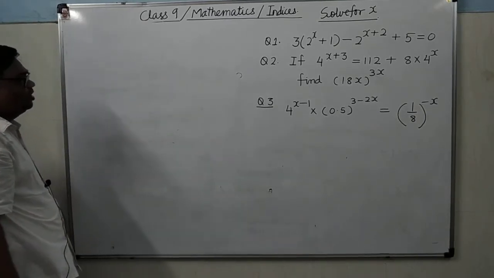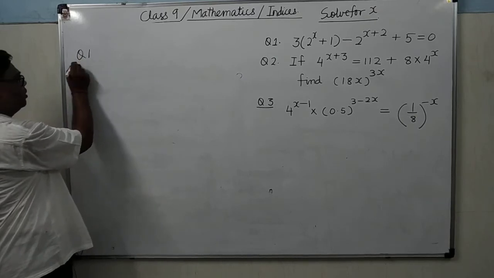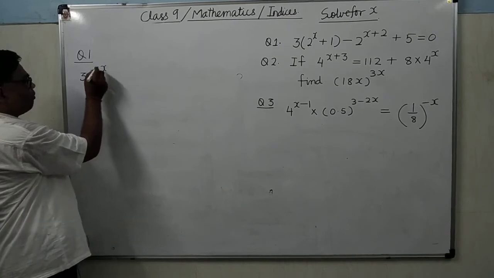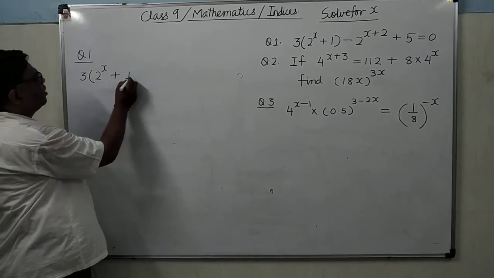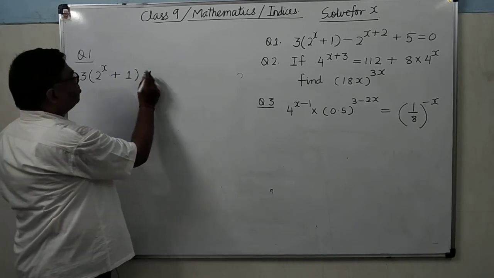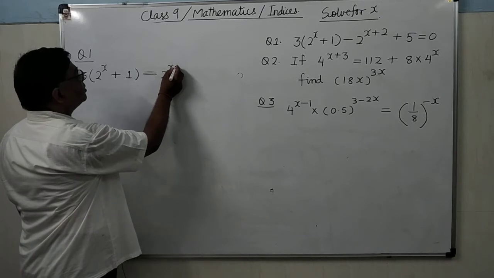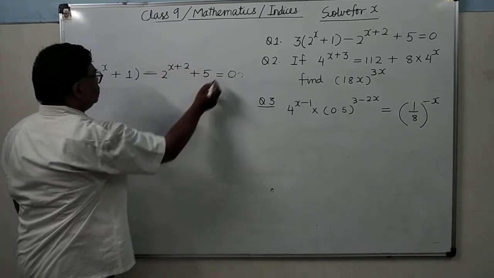Now very simple here. 3 times 2 to the power x, power is a monomial having one term, plus 1, minus 2 to the power x plus 2, plus 5 equals 0.